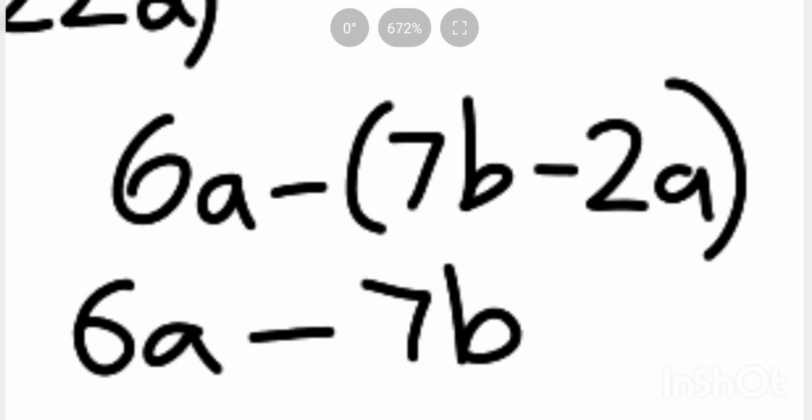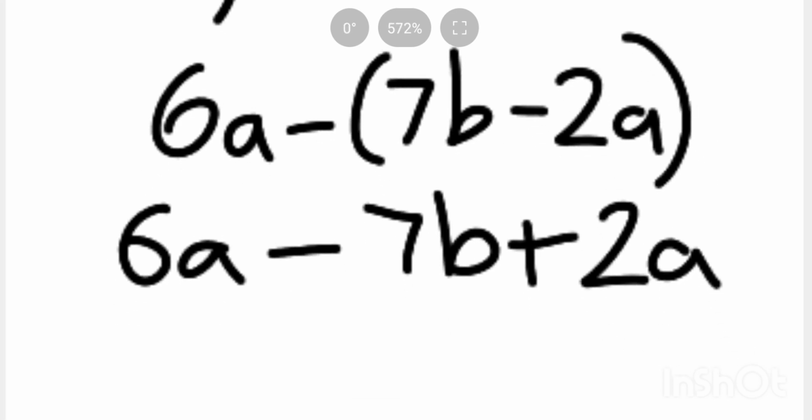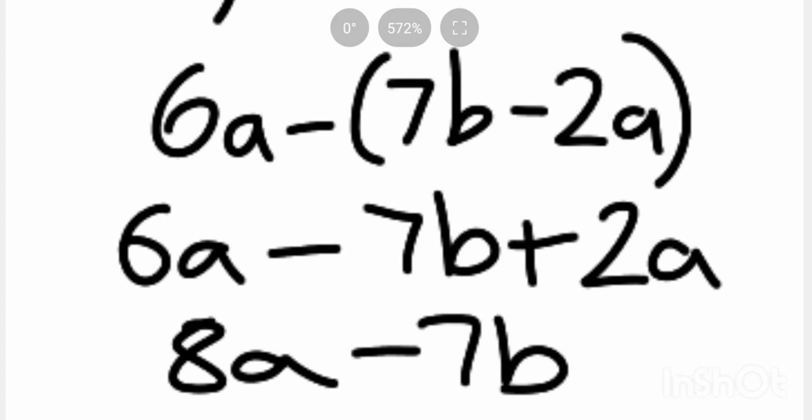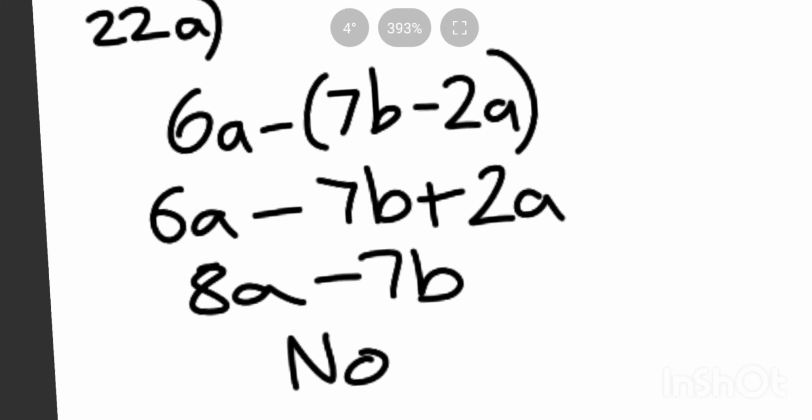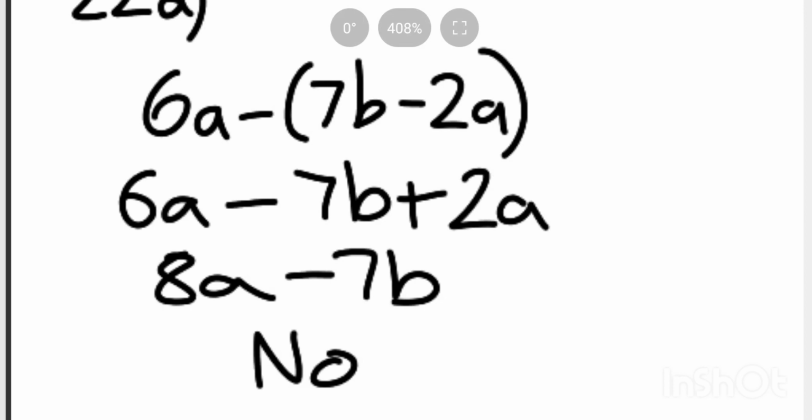Two minuses becomes a plus, so plus 2a. Simplify this, so that would be 8a, 6a plus 2a, and then minus 7b. So she's not correct. So no is what we tick, because it's 8a minus 7b, not 4a minus 7b.